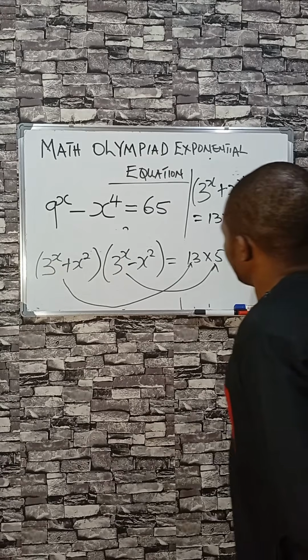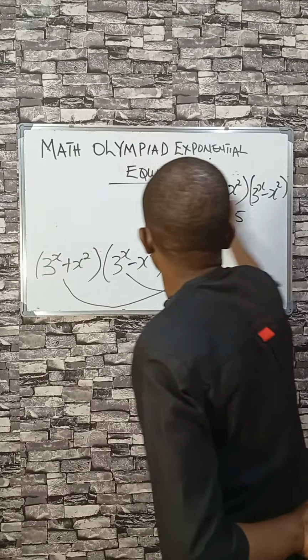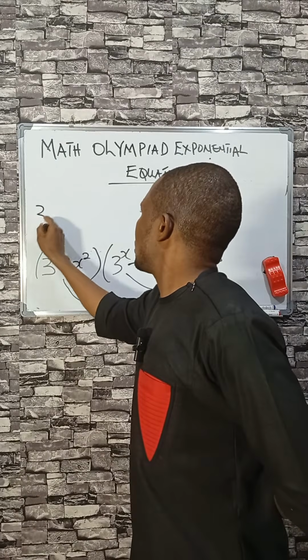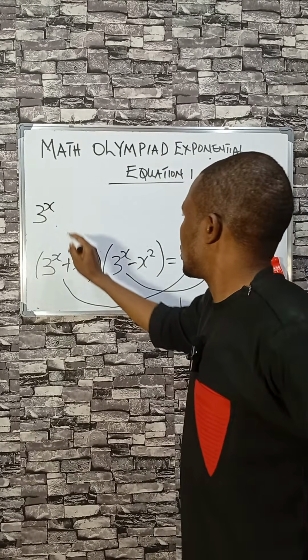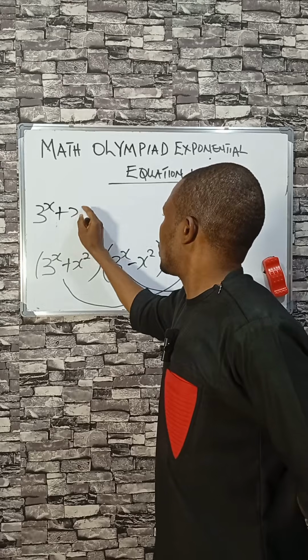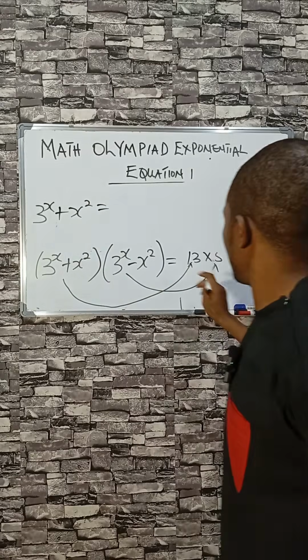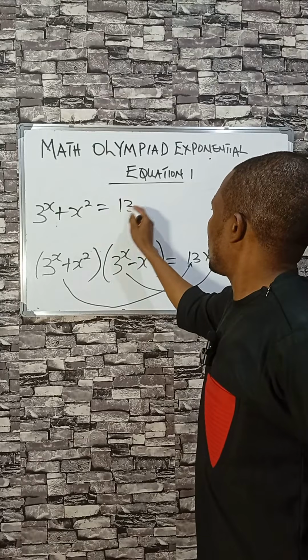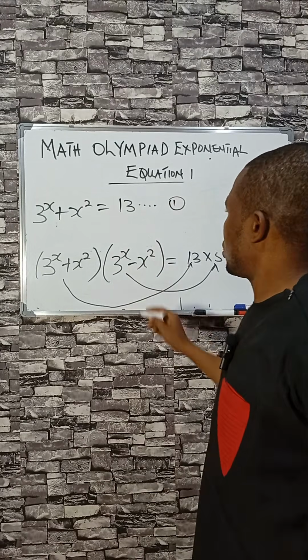So if that happens, we will have 3^x plus x squared, the bigger one, equal to 13, and that is equation 1.